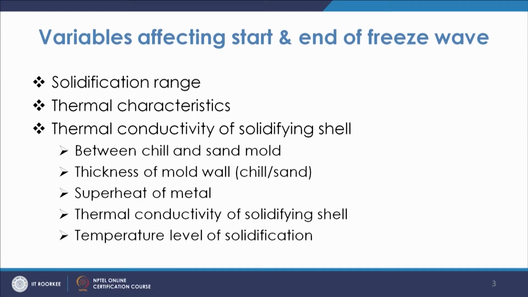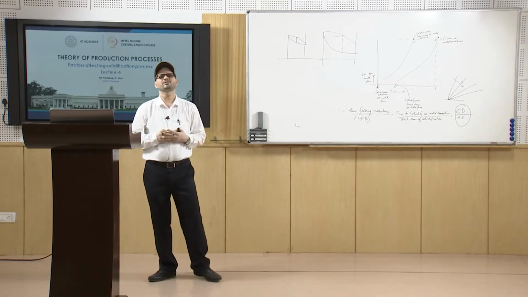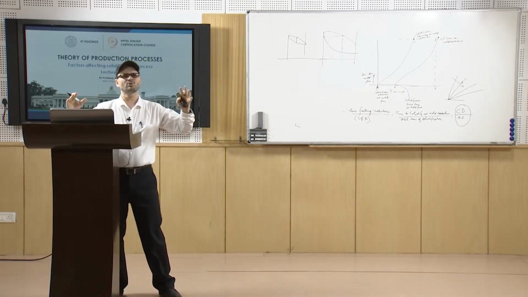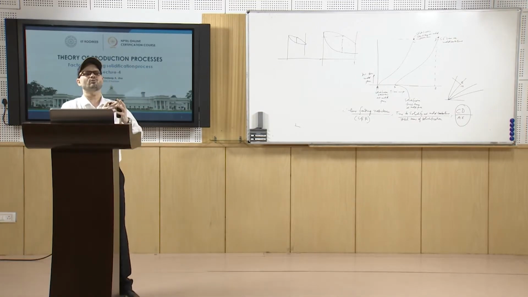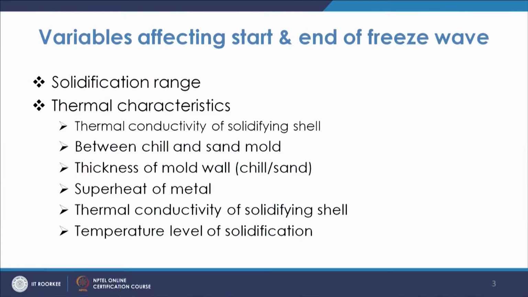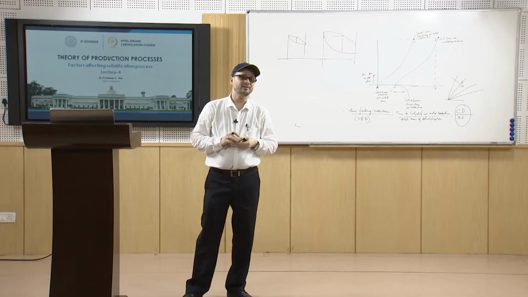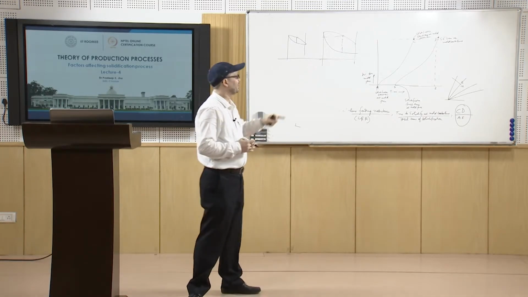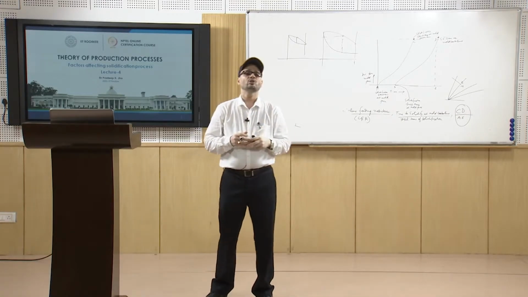If the thermal conductivity of the solidifying cell is more, the general effect is that it will try to have equal temperature inside. So, in that case it will increase the separation. This increased thermal conductivity will lead to an increase of separation, and the CFR value will likely be more.